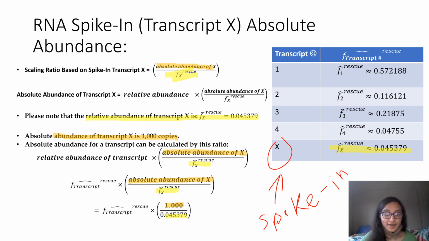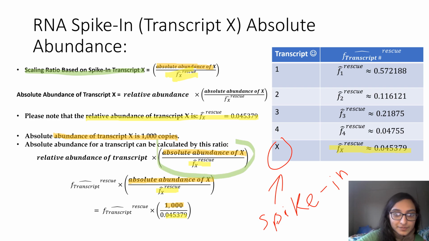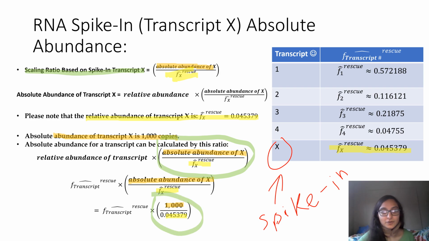So if we want to find the absolute abundance for a transcript, we just take the scaling ratio. This part here is the scaling ratio that I was talking about. We multiply it by the relative abundance that we've calculated here.